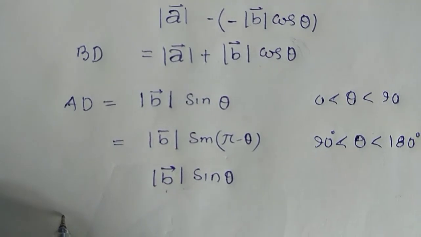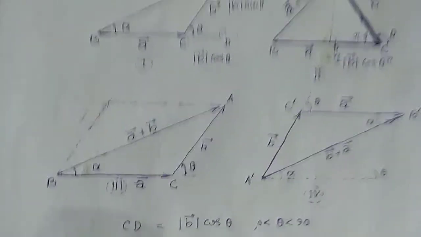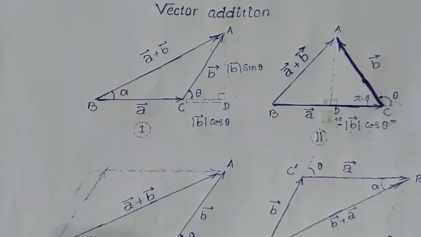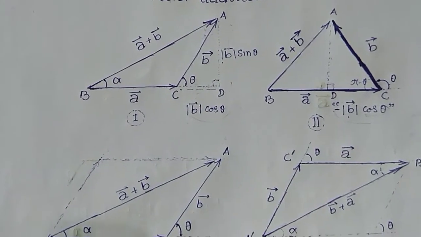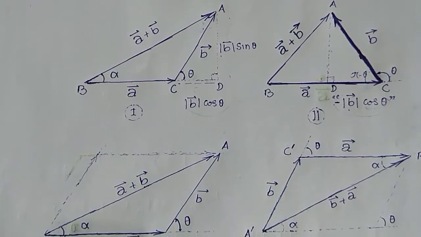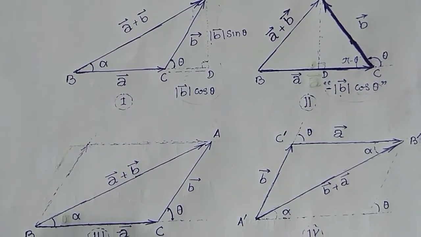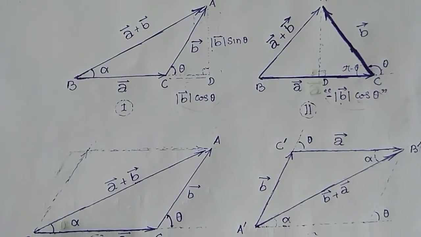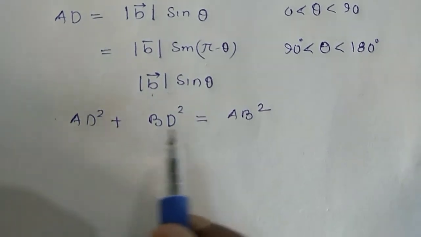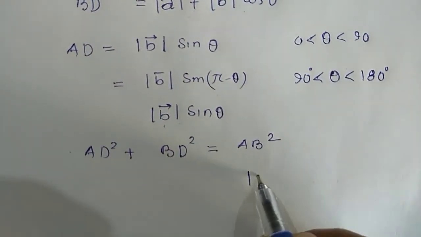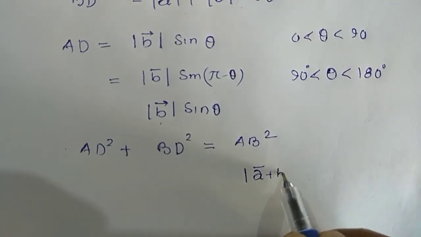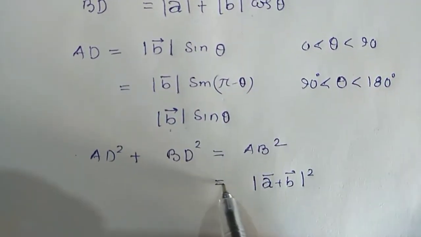Yes. Now, we know that by Pythagorean theorem, square of AD plus square of BD is equal to square of AB. Square of AD plus square of BD, this is nothing but modulus of A plus B, squared.